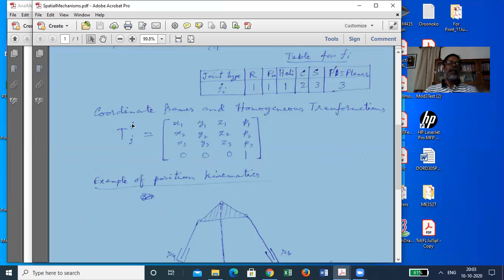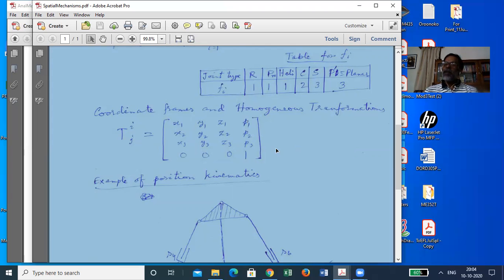You say in frame I, you are describing frame J. This kind of transformation matrices are used to transform from one frame attached to one link to another frame attached to another link. And through this, the rigid body motions get easily represented by a matrix multiplication. Okay. So the way position and orientation can be represented with a matrix like this.